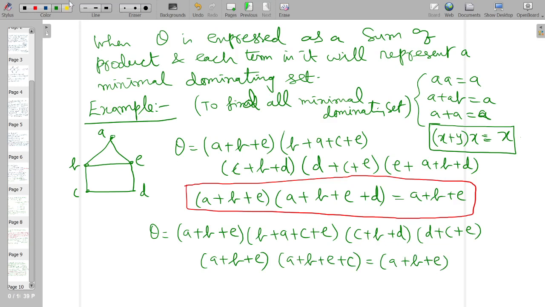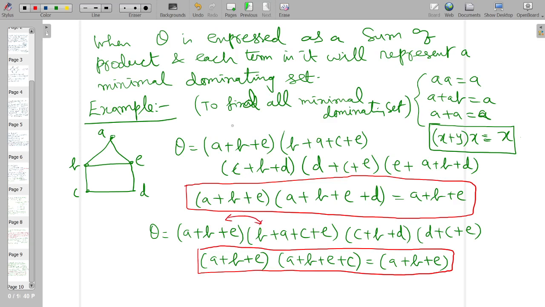So when I combine these two terms, I get this: (a plus b plus e), (c plus b plus d), and (c plus d plus e).